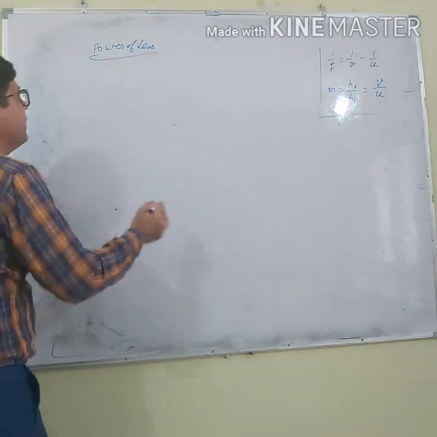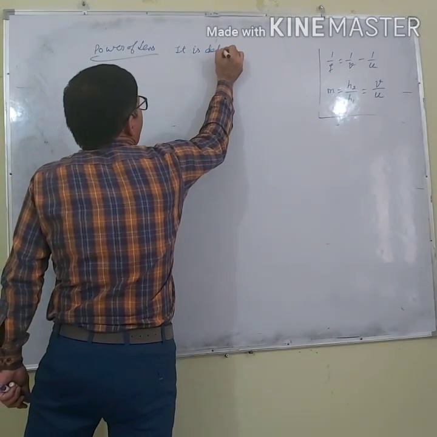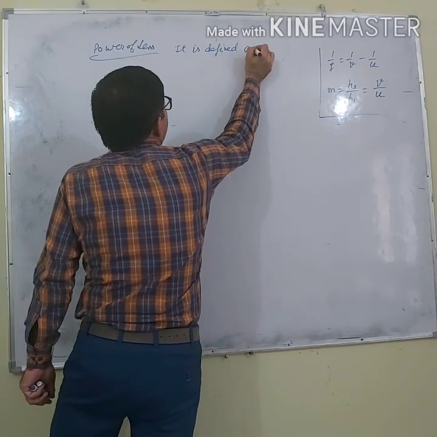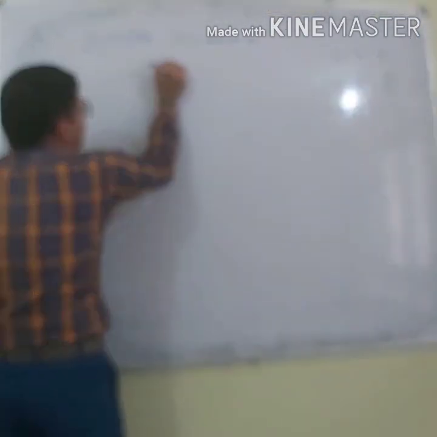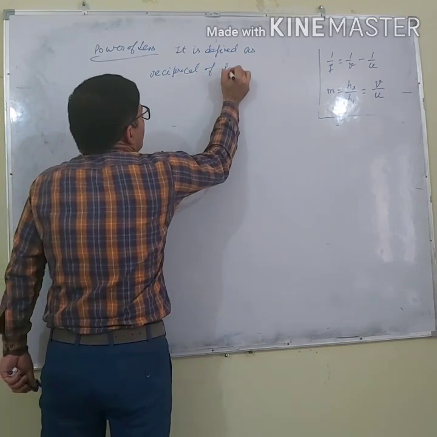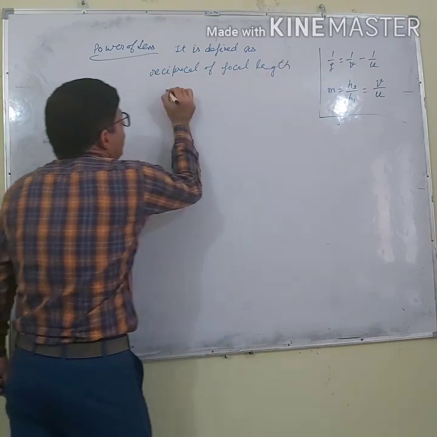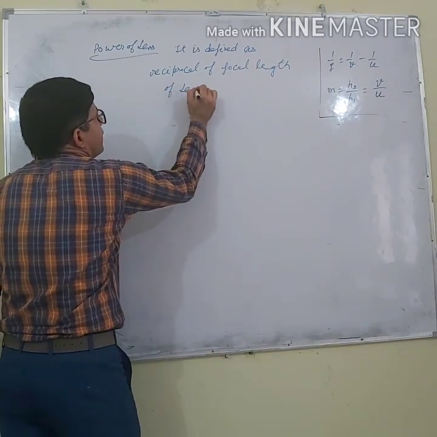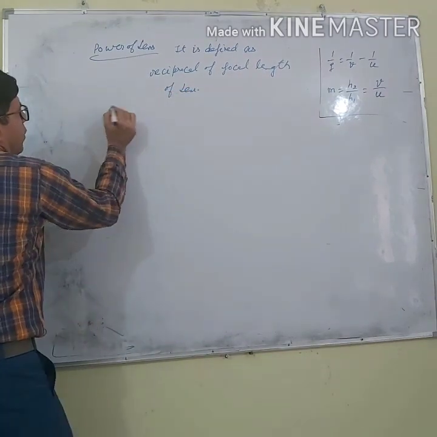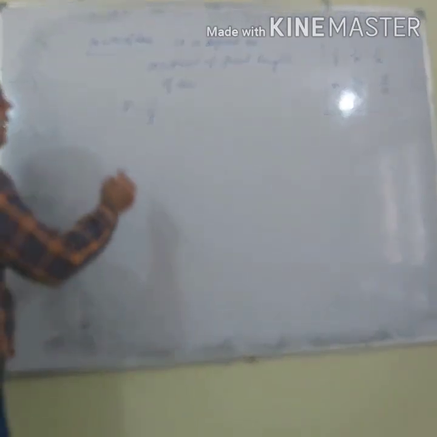Now how is it defined? It is defined as the reciprocal of the focal length of a lens. So power is equal to 1 over f.